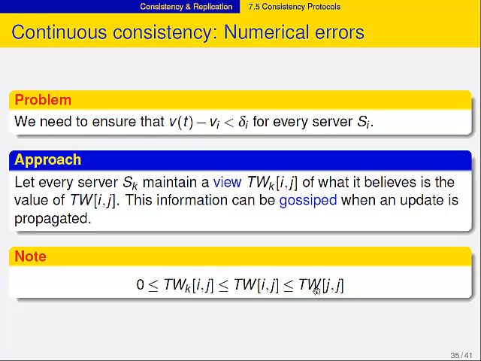Let me repeat this again in different words. What S_K believes about the state of TW[I][J] is always less than or equal to the actual state TW[I][J], which is definitely always less than TW[J][J]. And the difference between these two is exactly the writes that have not yet been propagated from J to I. Got it?